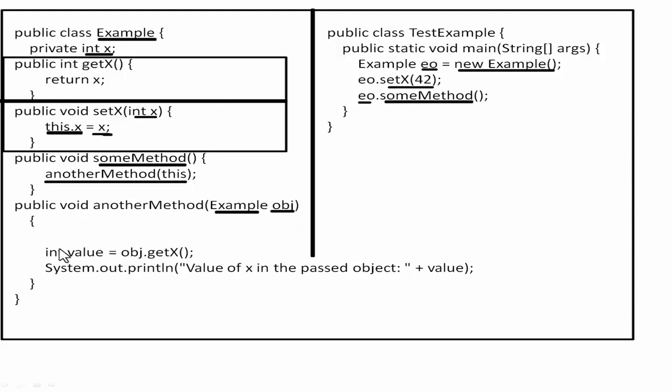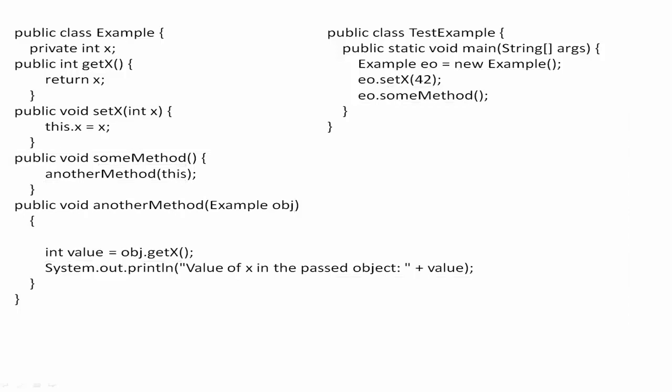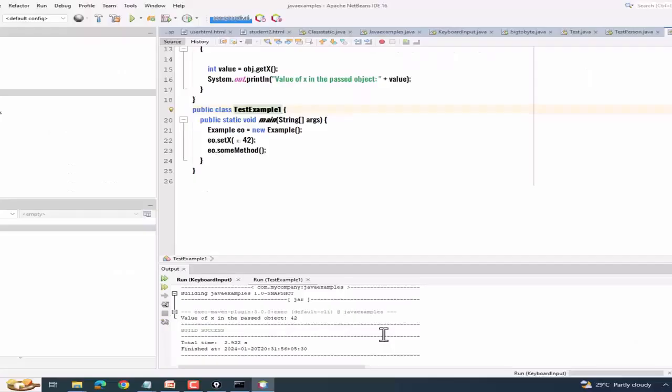Now we define an integer value equal to this object.getX. GetX returns whatever value you have set. Finally it prints the value. The value you passed is 42, and that 42 will be printed on the screen. Execution is successful. The value of x in the passed object is 42. Now it has printed.